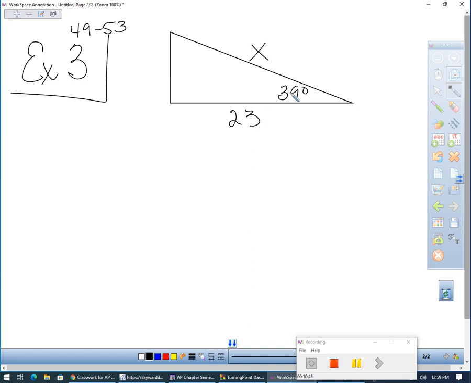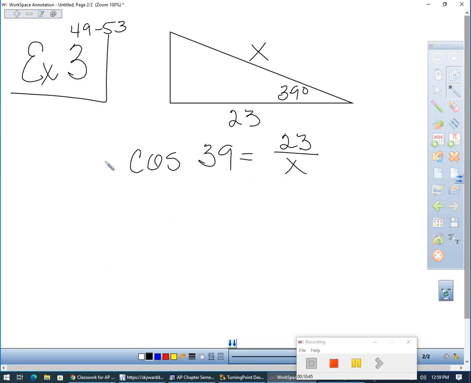So in this one, what 2 pieces of information do we have? Okay, let's keep going. From here we have the adjacent and we have the hypotenuse, right? So before break, remember we said the cosine of 39 degrees was 23 over x. How did we go about solving this?